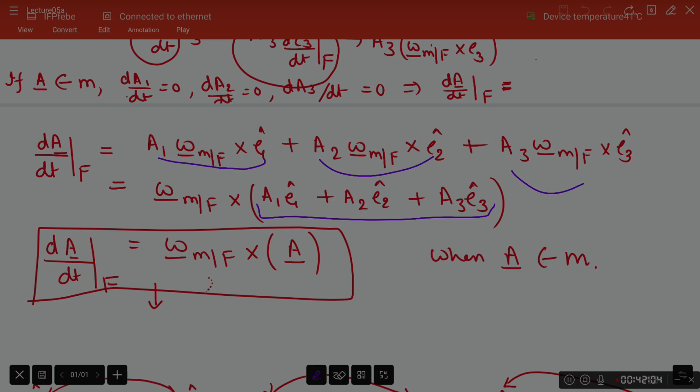So I have combined these. Omega MF is a common factor. We then realize that this is nothing but the A vector itself, and thus we are led to the conclusion that the rate of change of A with respect to F is omega MF cross A.